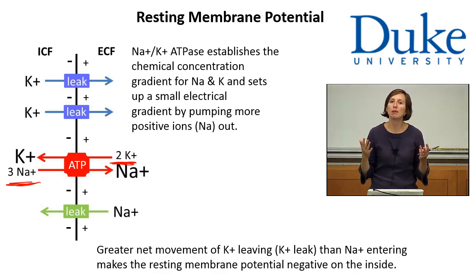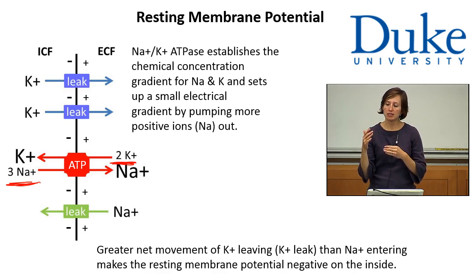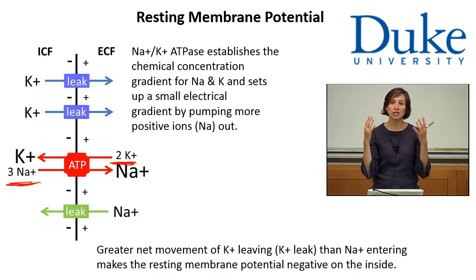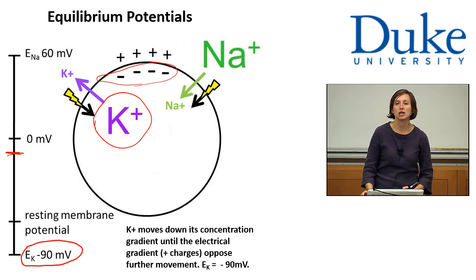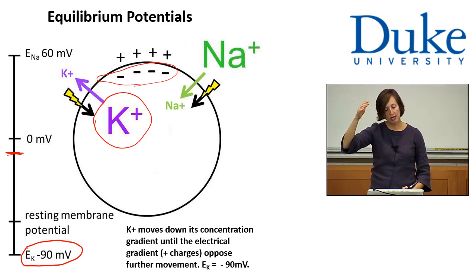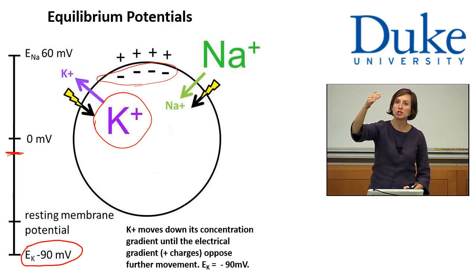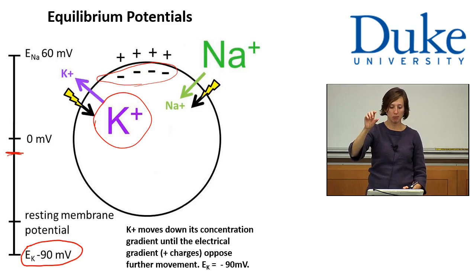If we open up sodium and potassium channels, so that the membrane is permeable equally to those 2 ions, then the membrane potential will reside in between the 2 equilibrium potentials. So it will be proportional to whichever ion is most permeable.